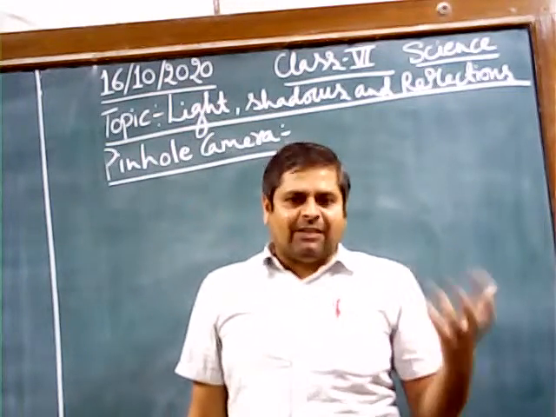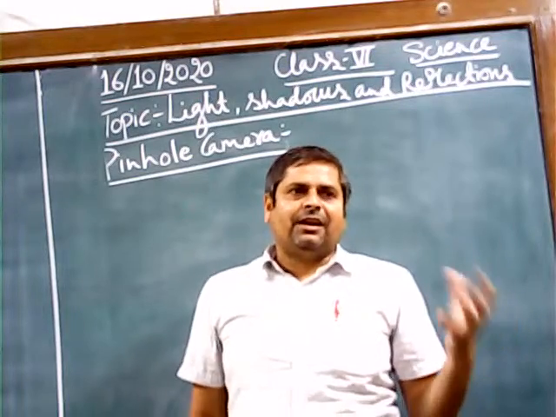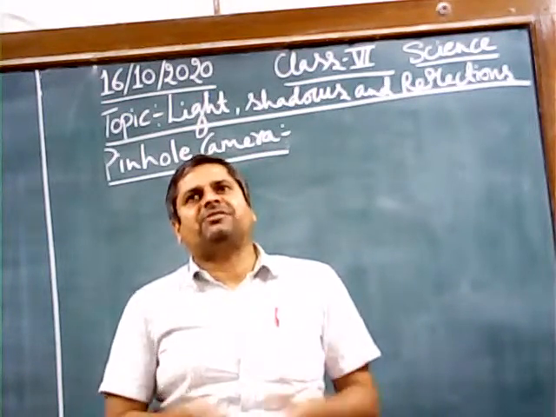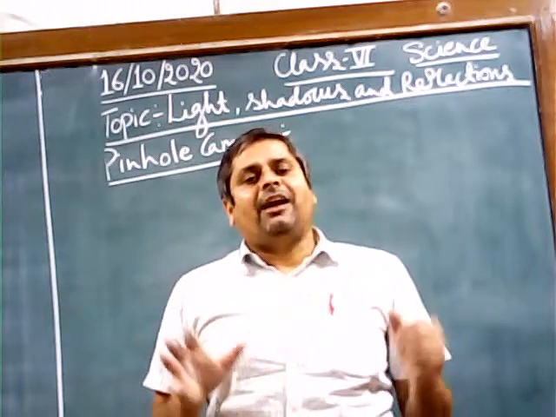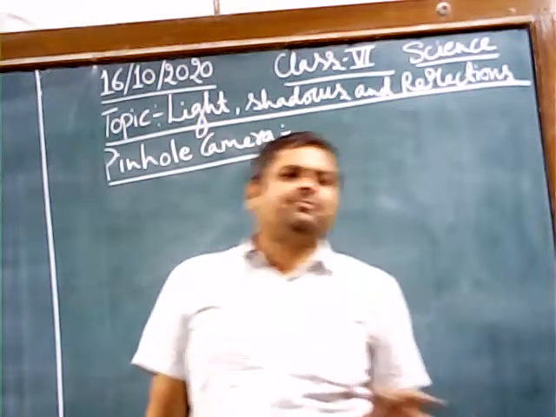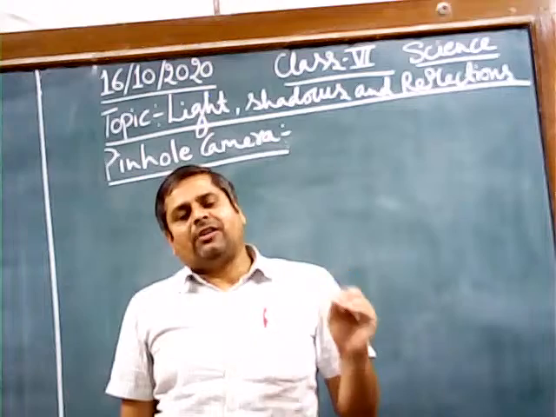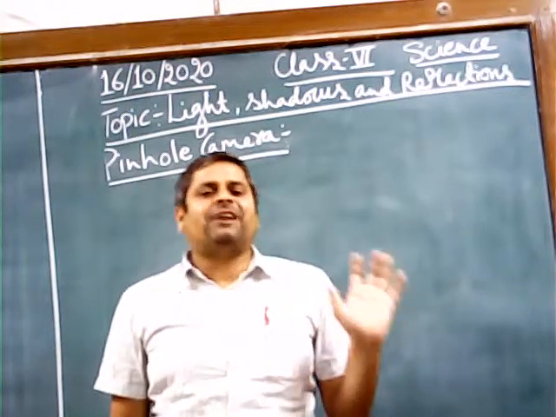For example, sun, stars, tube light, bulb, LED bulb, etc. All these are objects which have their own light and emit it, and are called luminous objects.